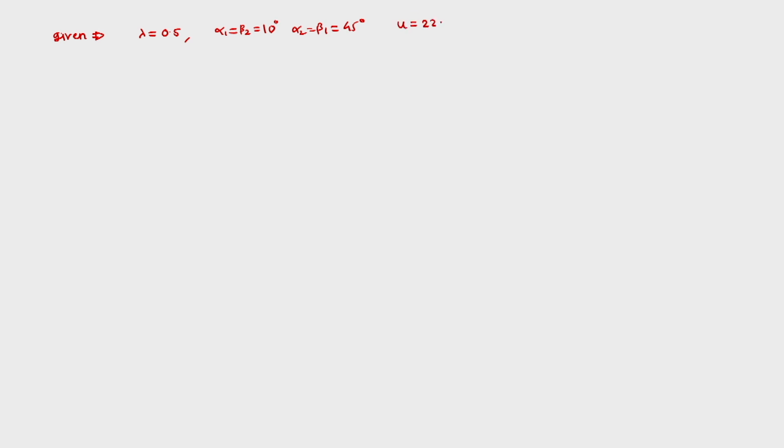U is told as 220 meters per second. T01 is 290 Kelvin. Then Rp compressor is told as 4, and the work done factor lambda dash, or lambda 1, is given as 0.86. So we are supposed to find the number of stages and the relative Mach number at the inlet.